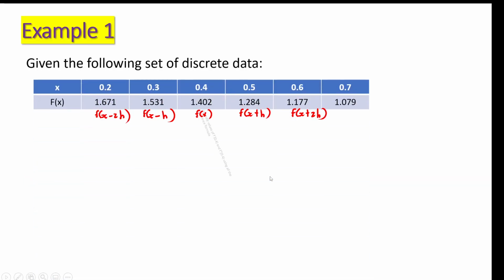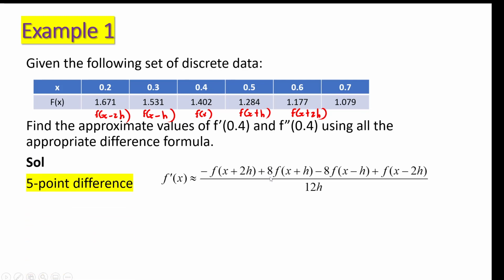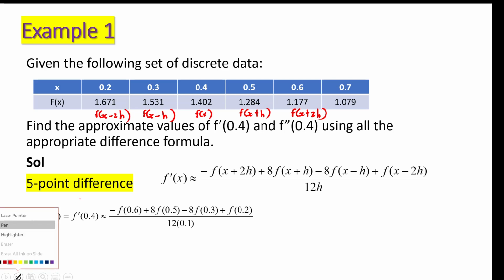Looking back, how about the 5-point formula for the first derivative? The 5-point forward, we don't have this one, f(t minus 2h).